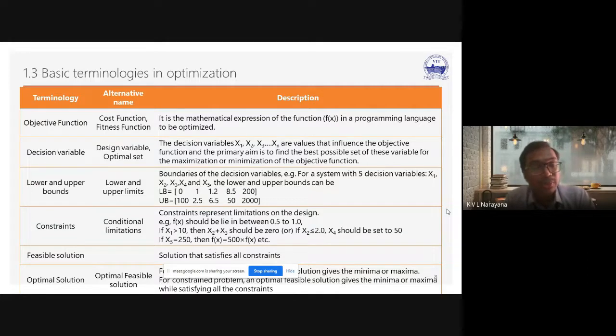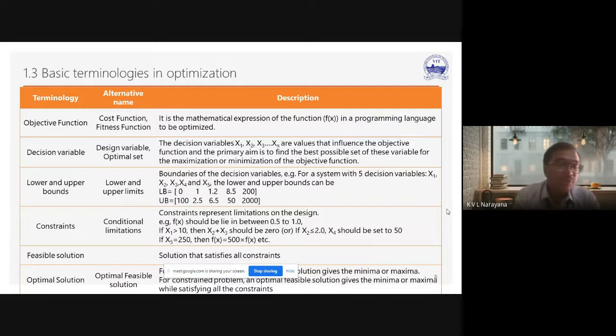If it is a maximization problem, then we have to formulate the objective function accordingly. And every decision variable must be limited with a lower value and an upper value. Those are called the lower and upper limits of the particular decision variable.